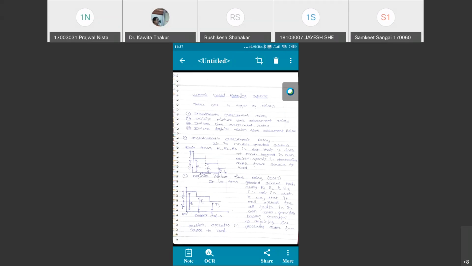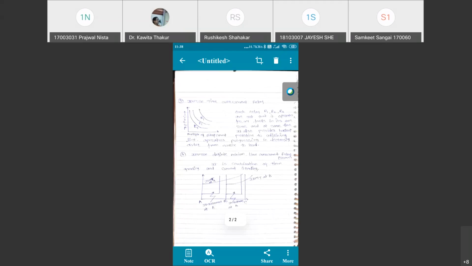And the third is inverse time overcurrent relay. In this relay, the relays R1, R2, R3 are inverse, and they operate for all the faults in their own zone. You can see the graph, ma'am.